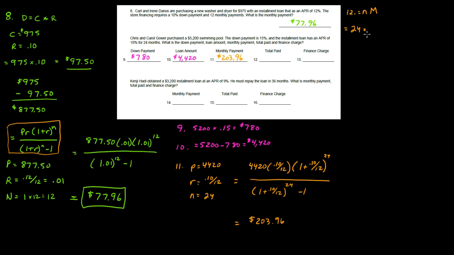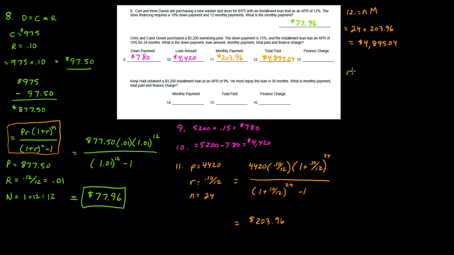So I will multiply that times my monthly payment, which we just said was $203.96. When we multiply those together, we get the total amount you're going to pay for the loan, $4,895.04.